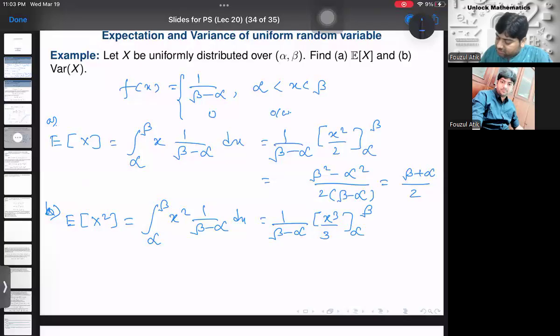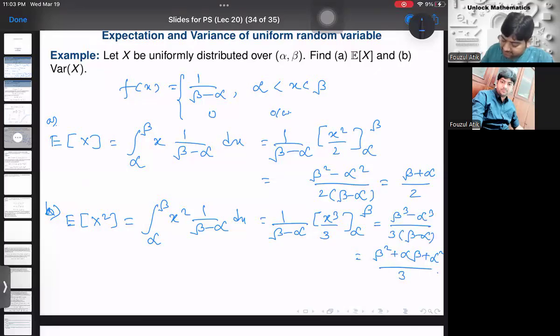So this is beta cube minus alpha cube divided by 3 times beta minus alpha. Using the formula for a cube minus b cube, it is beta minus alpha into beta square plus alpha beta plus alpha square. So beta minus alpha will cancel out, and E of x square is beta square plus alpha beta plus alpha square divided by 3.